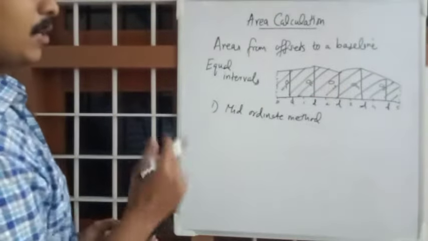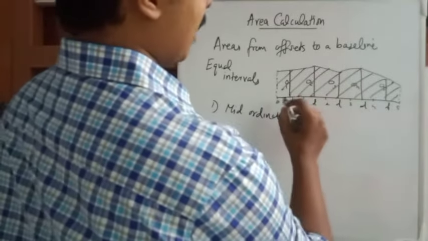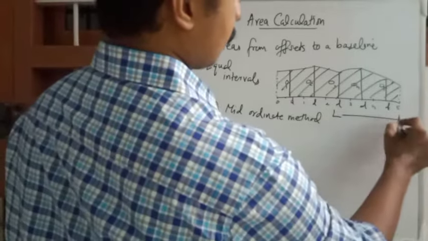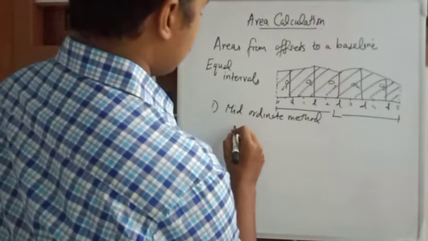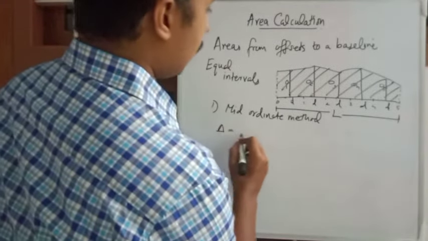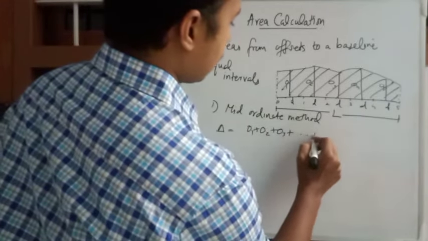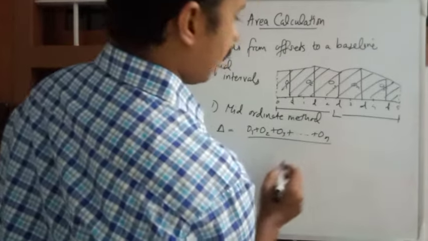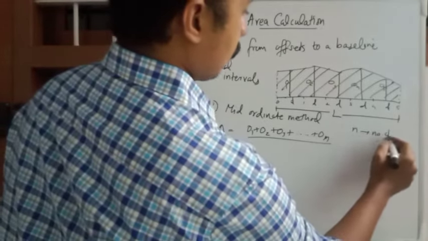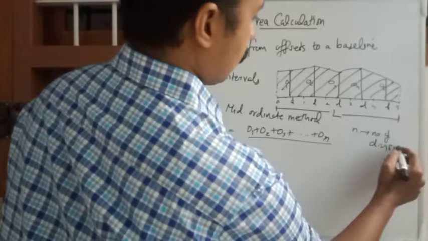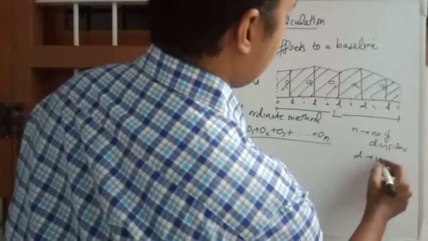The equation is so simple. We take the average of all the ordinates and multiply with the total length. So the average ordinate is O1 plus O2 plus O3 plus etc. up to On, where n is the number of divisions and d is the interval.